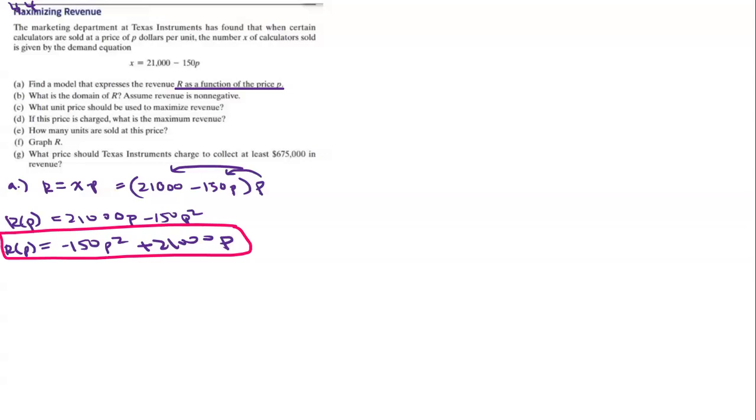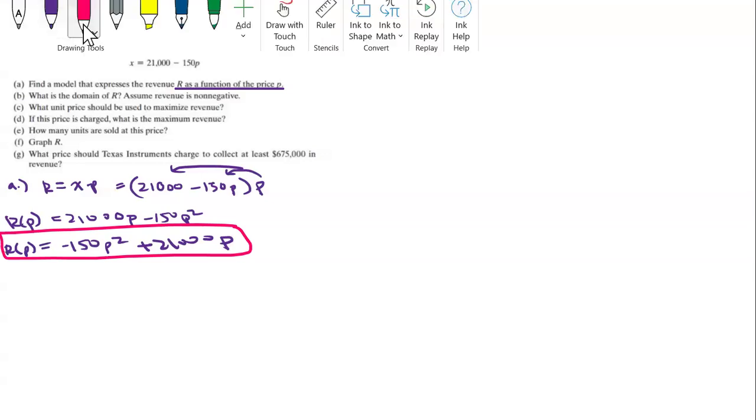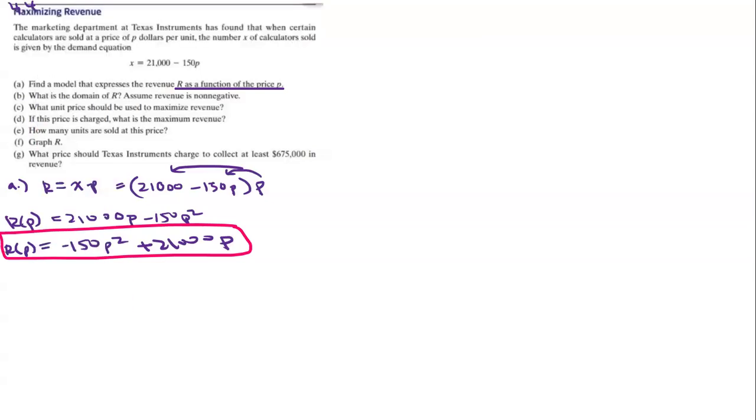Now let's work on part B. Part B says, what is the domain of R? The domain of R is going to be coming from part A. Because it's already in factored form, we set that equal to 0.